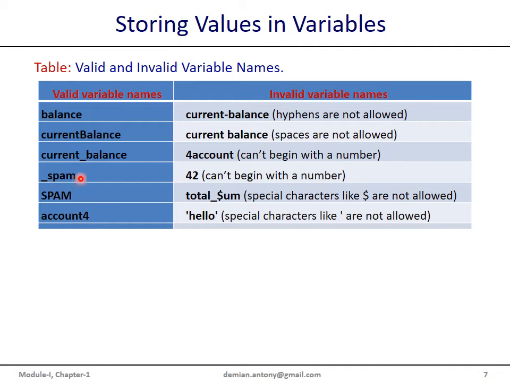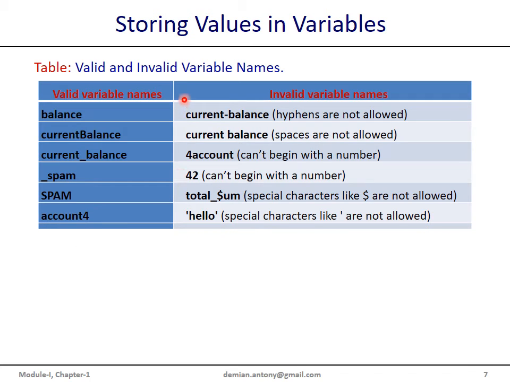Underscore spam is a valid variable name where underscore is treated as a letter when it is used with the variable name. You can use uppercase letters, and also you can use the letters as well as digits in any order, except the digit should not appear as the first character of the variable name. Thus, account four is also a valid one.